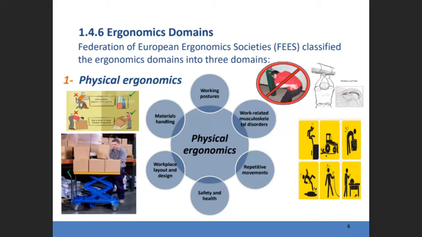Looking at the picture may also give an idea about what we are talking about. See this man, how he's handling the box here, and this person seems to have lower back pain holding this cylinder, as if he handled it in a wrong way.